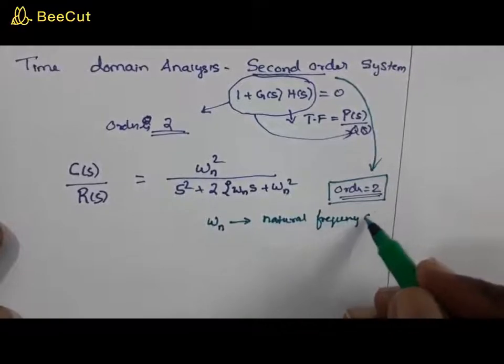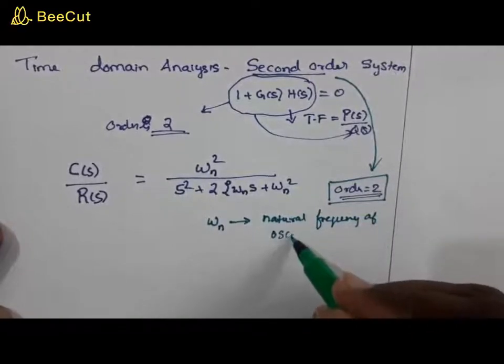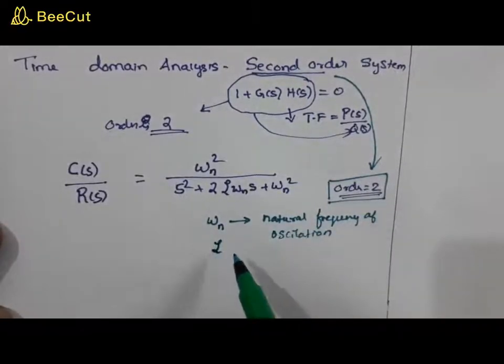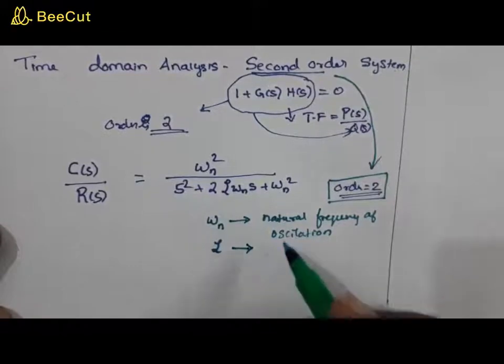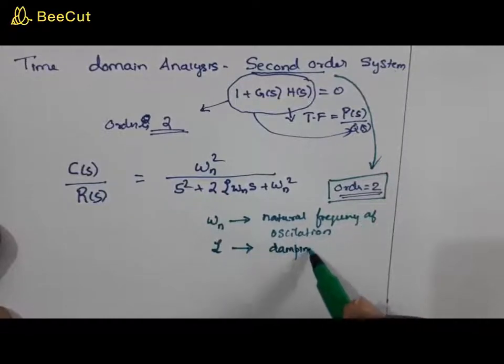Zeta, the Greek letter, you may refer to the textbook to see the exact notation, is referred to as the damping ratio.